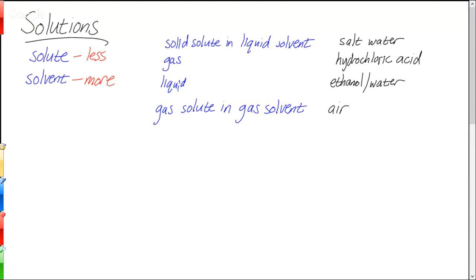So air is really a solution because it's a homogeneous mixture of some different gases. What would be the solvent if we think of air as a solution? What would you call the solvent? Not oxygen, because oxygen isn't the major component of air. If our definitions are that the solutes are the things that have less and the solvent is the thing that has the most, what does air have the most of?